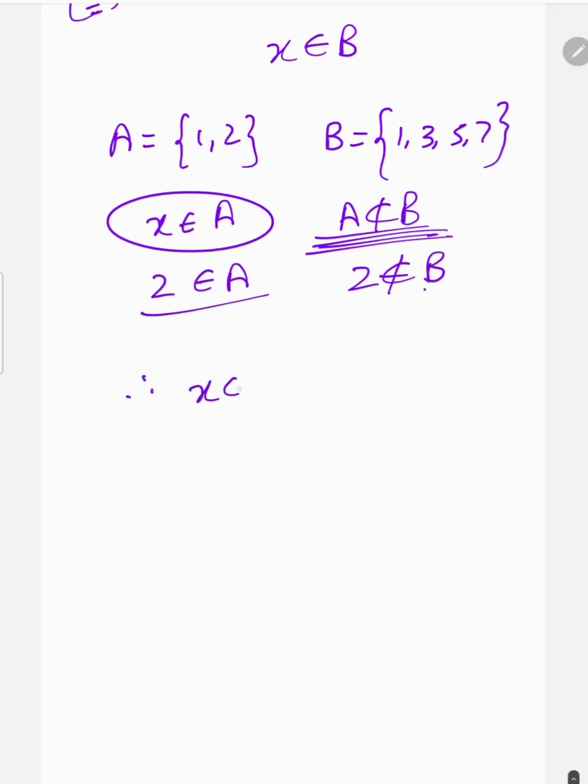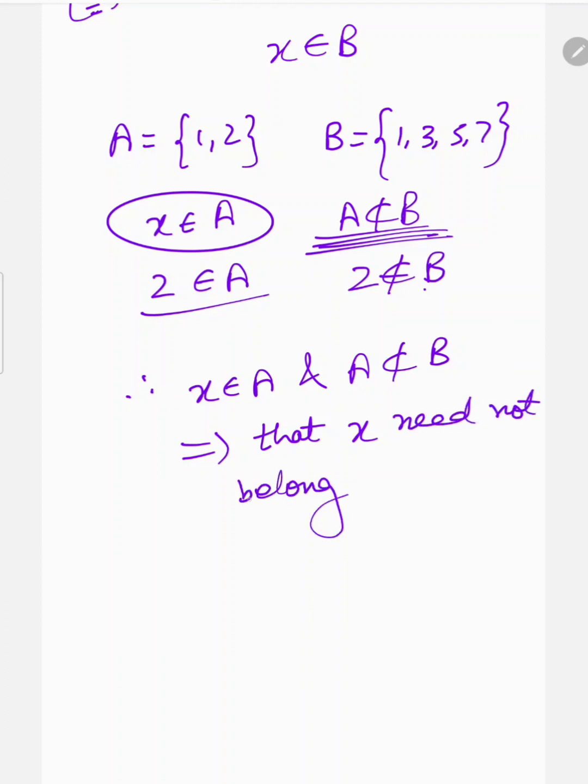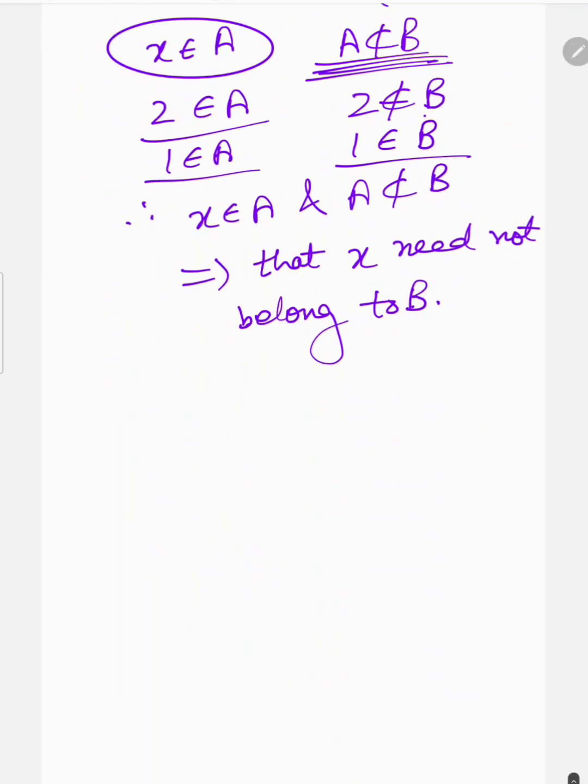So therefore, x belonging to A and A not being a subset of B, it implies that x need not belong to B. x B को belong करेगा ही, इसकी कोई गारंटी नहीं है. ठीक है ना. x belong करेगा, कर भी सकते हैं. हम यहाँ पर 1 ले लेते तो करता, लेकिन हमने 2 लिया जो कि नहीं कर रहा है. ठीक है. तो x बिलोंग करेगा कि नहीं, इसकी कोई गारंटी नहीं है. कर भी सकता है, नहीं भी कर सकता है. ये एक फॉल्स स्टेटमेंट है.